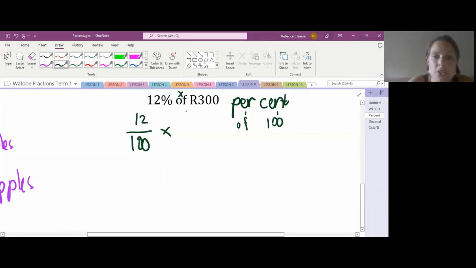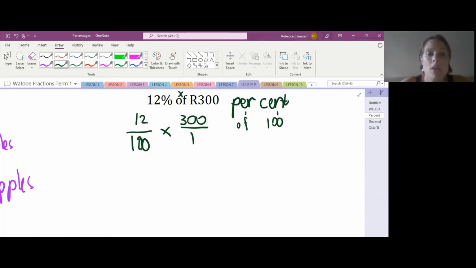So I've got 300/1, because if I say 300 divided by 1, I'm going to get 300. I'm just dividing it by 1 so that I'm working with 2 fractions. All right, so I've got 12%, which is 12/100, and I'm multiplying it by 300, and it's 300/1. That's just always with fractions, how we write a whole number is over 1.